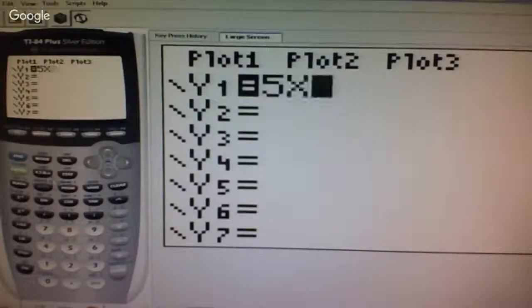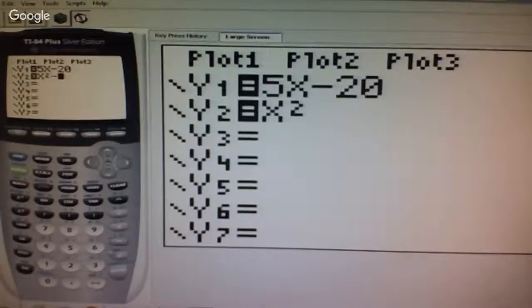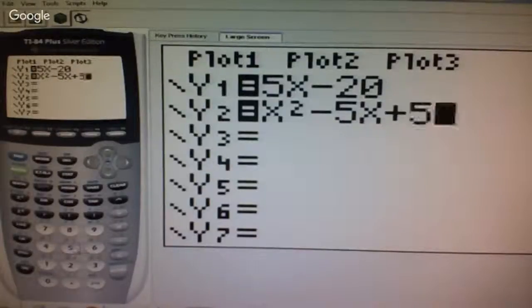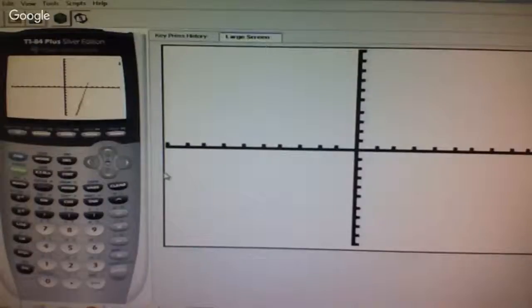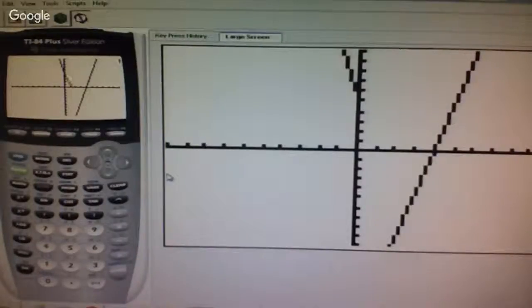Yeah, it's not helping. Okay, so your second one is 5x minus 20 and x squared minus 5x plus 5. There's my first one.